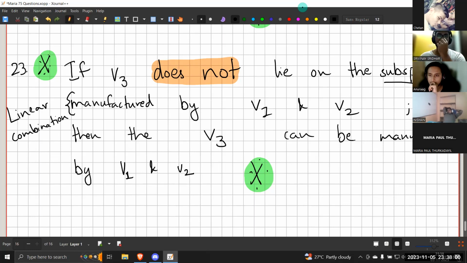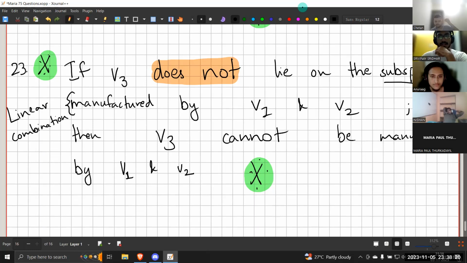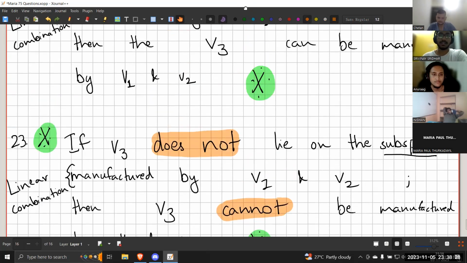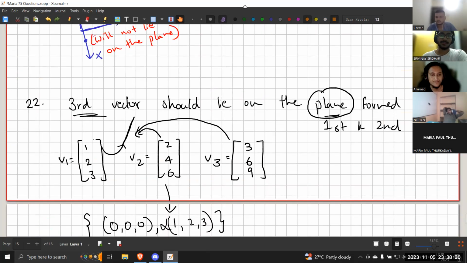If V3 does not lie on the subspace manufactured by V1 and V2, then V3 cannot be manufactured by V1 and V2. Right? This is the only difference between 22 and 23.